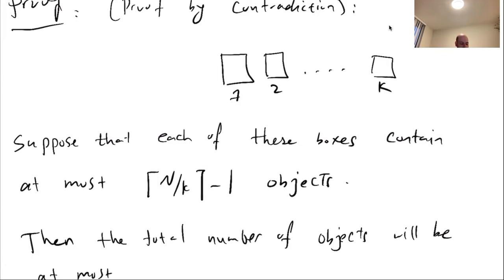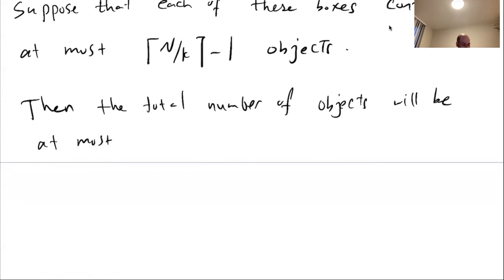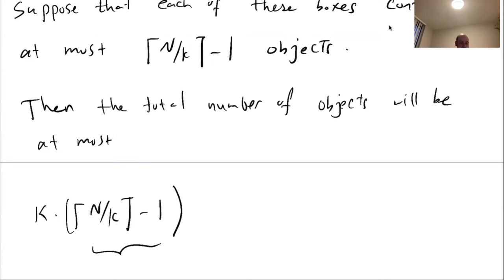So at most, how many objects will I have? I will have k times ceiling n over k minus 1, right? Each box contains at most this many elements, and there are k boxes in total. So in total, I'll have at most k times this many objects, which is going to be less than or equal to.